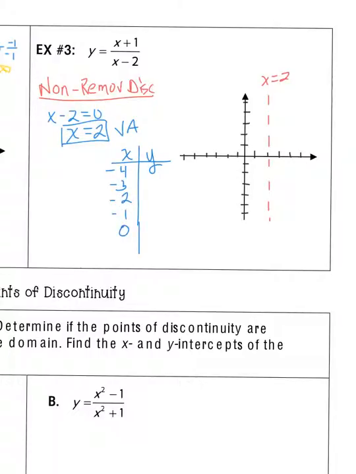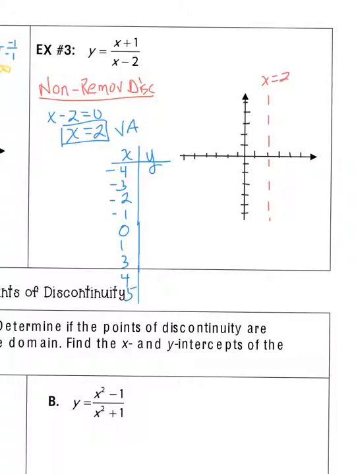I can choose 0 this time. 1, and I'm going to choose not 2, but 3, 4, and 5. I'm just going to choose several values just so you can see an idea of what's going on. They're pretty easy to plug into. So all I'm doing is taking this x value and plugging it in here and here. And so I'm just going to talk through that.